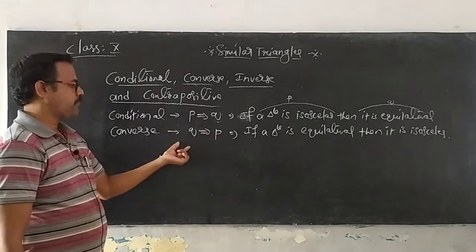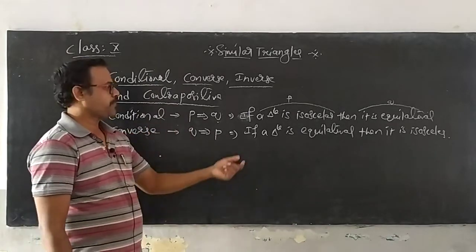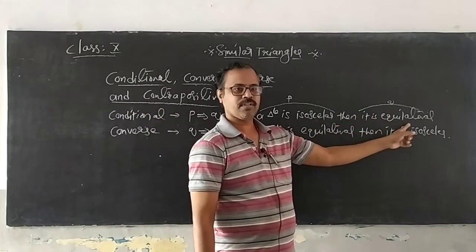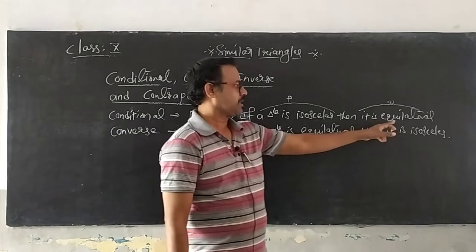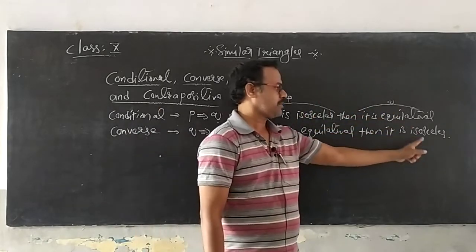This is formed by interchanging the hypothesis and the conclusion, where the hypothesis is isosceles and the conclusion is equilateral. Now in the converse, the conclusion has become the hypothesis and the hypothesis has become the conclusion.